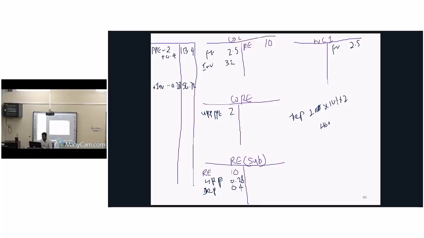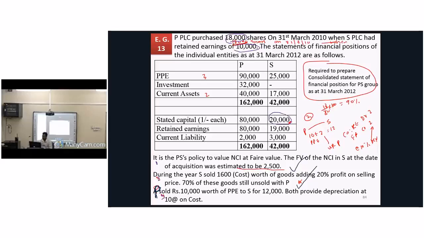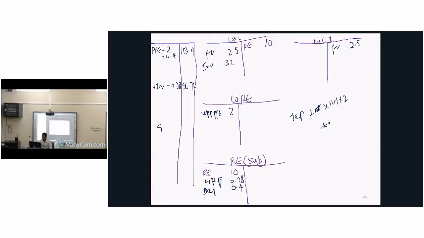The next line, share capital 80. Subsidiary share capital is 20, it comes to cost of control account as share capital.